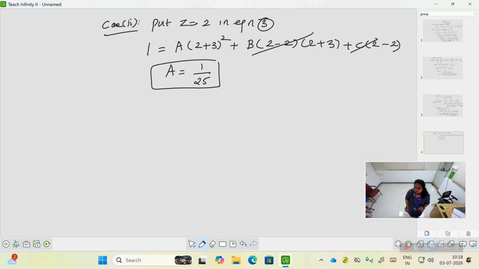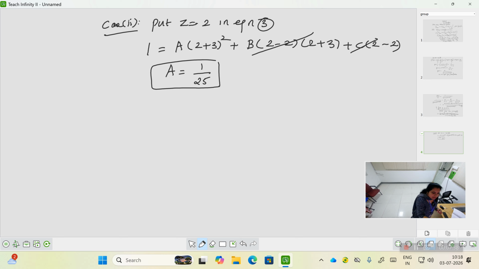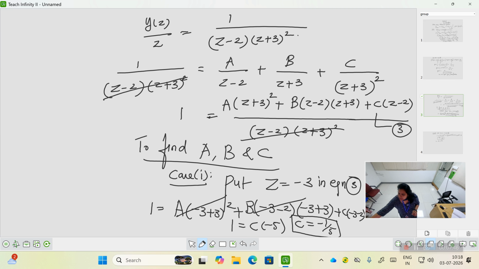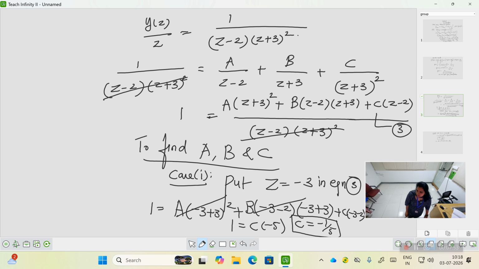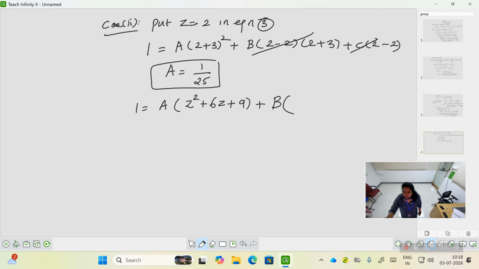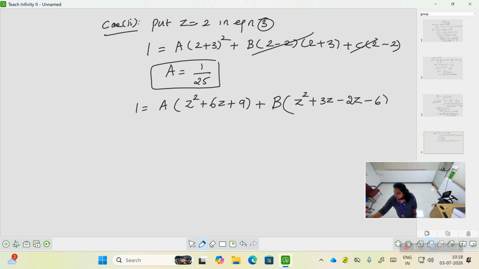For the fourth term, we can put 0 also, but other than that, we have to know one more technique, finding the coefficient. A into (z square plus 6z plus 9) plus B into (z square plus 3z minus 2z minus 6) plus C into (z minus 2).